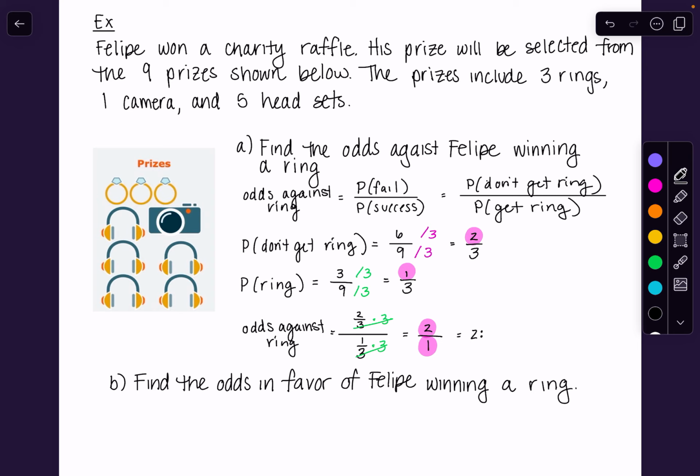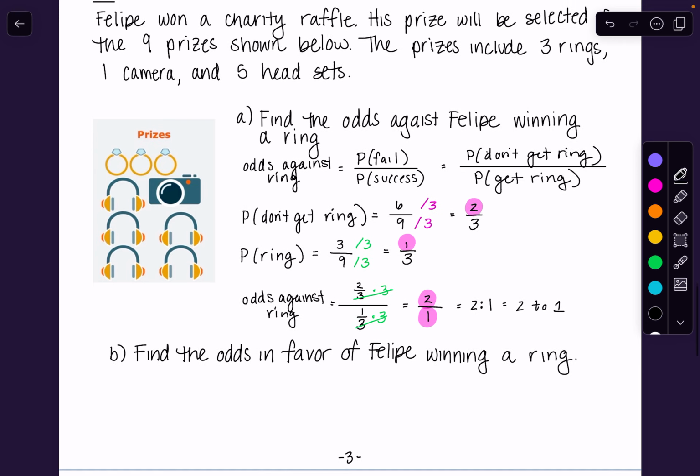You can write it in the typical way you're used to seeing odds, 2:1. Or you can also write it as 2-1. Those are your odds against winning a ring. So essentially, you're just caring about the numerator in the probabilities because the denominator ends up disappearing when I put it in this fraction.